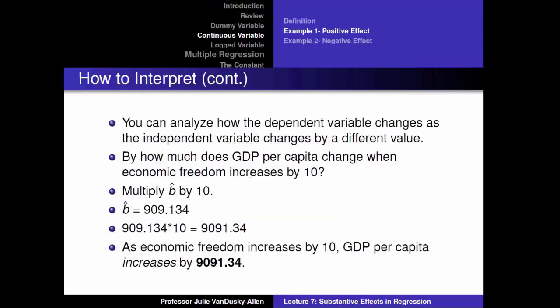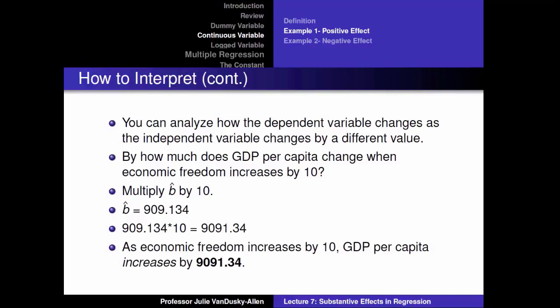You can also analyze how the dependent variable changes when the independent variable changes by a different value. For example, by how much does GDP per capita change when economic freedom increases by 10? In this case, you just multiply b hat by 10. b hat was 909.134. 909.134 times 10 is 9091.34.